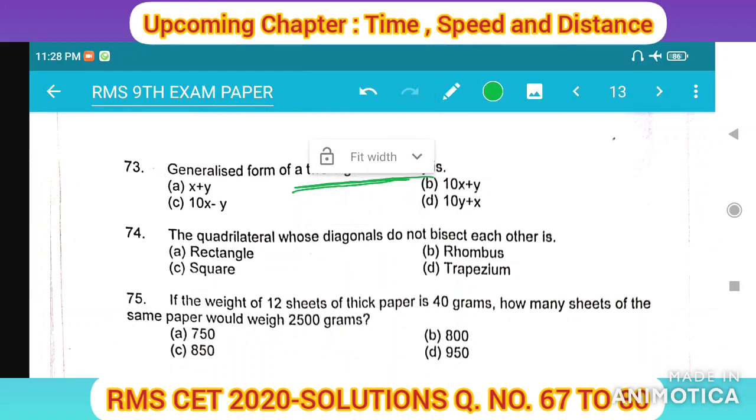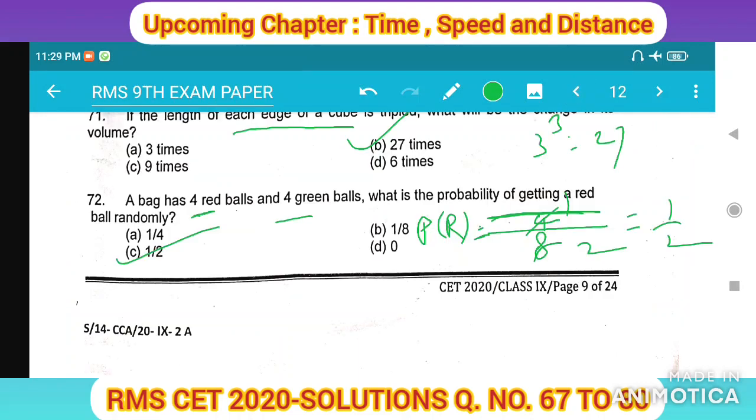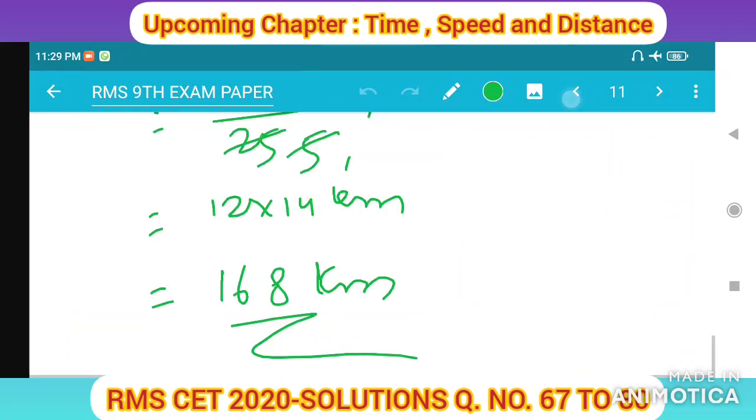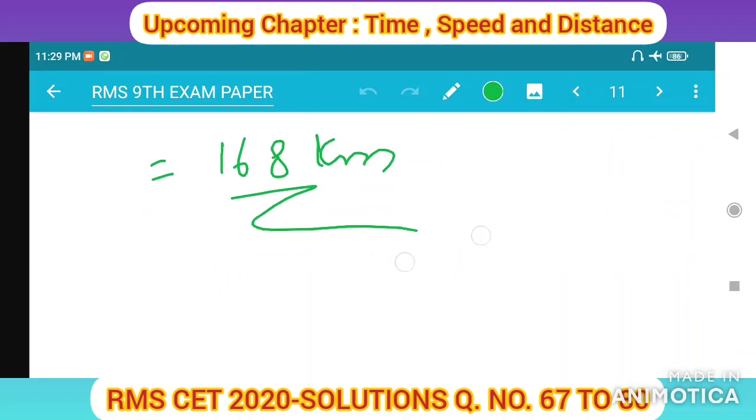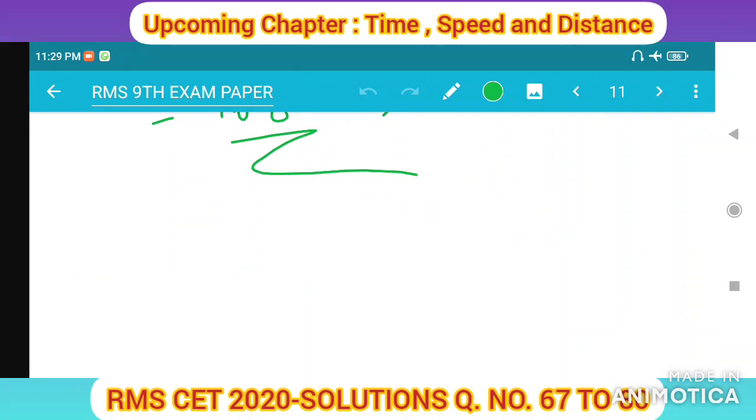Generalized form of a 2-digit number means, suppose I am writing the number 23. This is a 2-digit number. How do we have to write the number 23?